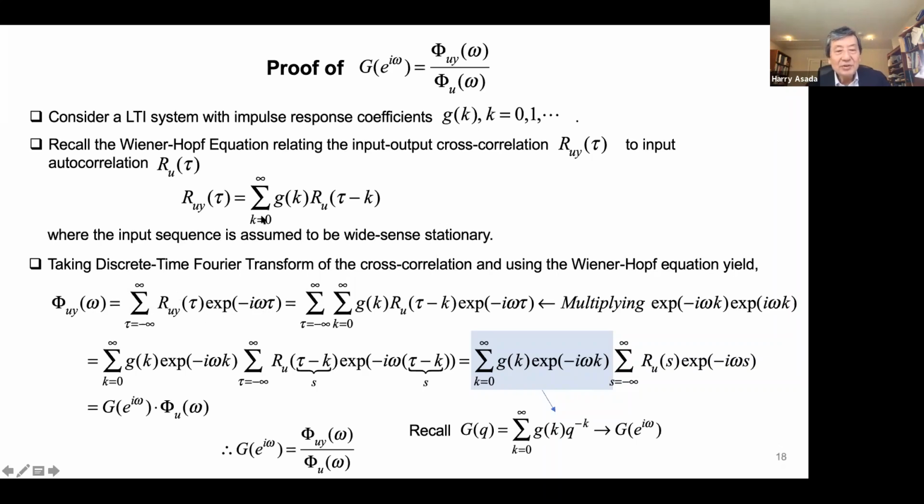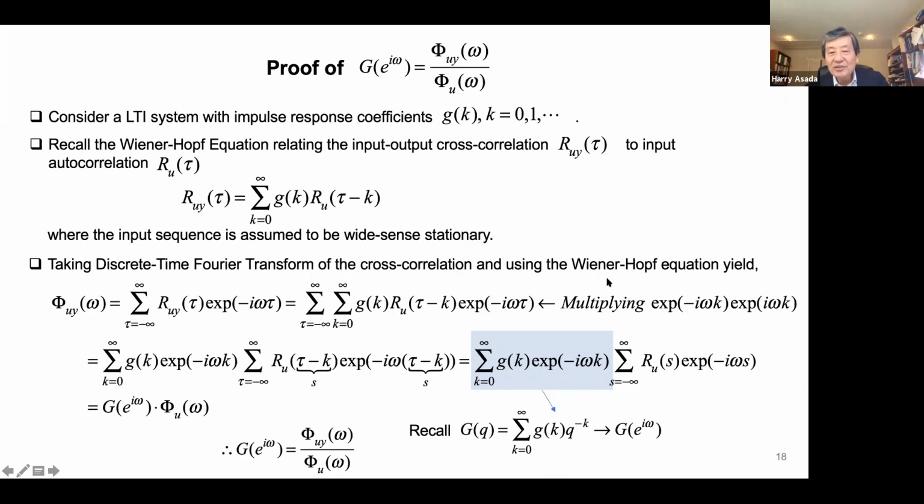Now let's substitute this cross correlation expression to replace this. So you get this expression, right? We have two summations, and what we do is swap these two summations. But in addition to that, we multiply exponential minus i omega k and exponential i omega k. The product of these two is basically 1, so I did nothing wrong.